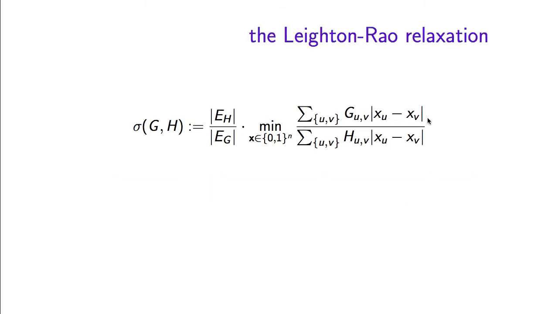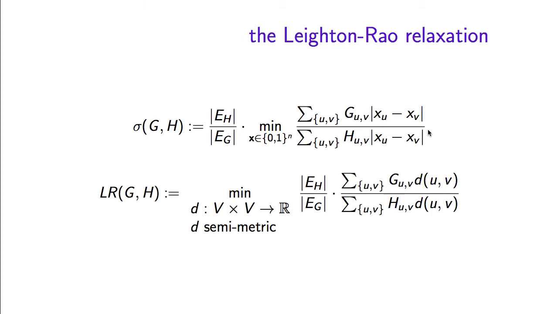So again, this is the non-uniform sparsest cut problem as defined, and the Leighton-Rao relaxation will be the problem where we replace xu minus xv with a distance between u and v, and then we optimize over all possible distance functions, as long as they are a metric, which means that they satisfy the triangle inequality.